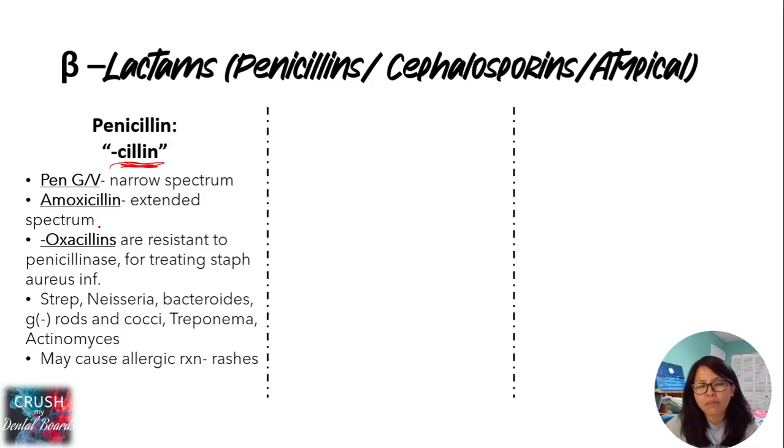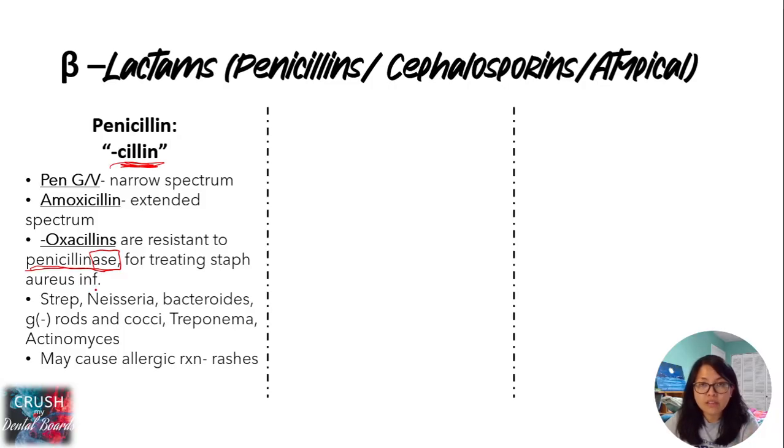Another type of antimicrobial that falls under the penicillins would be the oxacillins. Oxacillins are resistant to penicillinase. What is penicillinase? It's anything that ends with ase, so it's an enzyme that would degrade your penicillins.